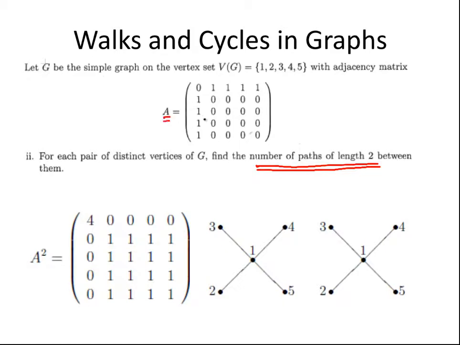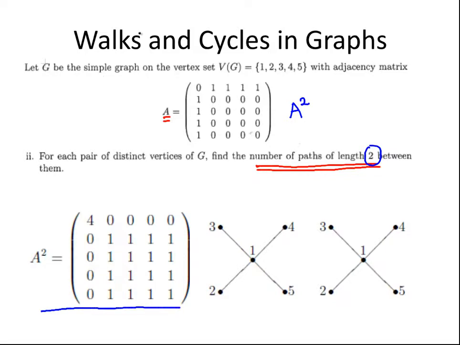Essentially it's based on the adjacency matrix. For paths of length 2, we have to compute the adjacency matrix and square it. When you square this matrix, as in multiply it by itself, you get this matrix down here.